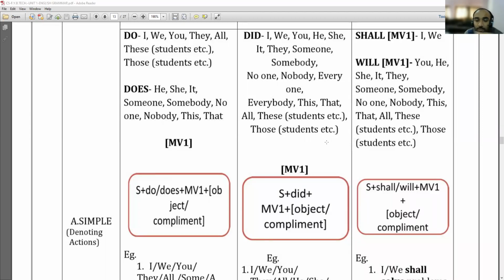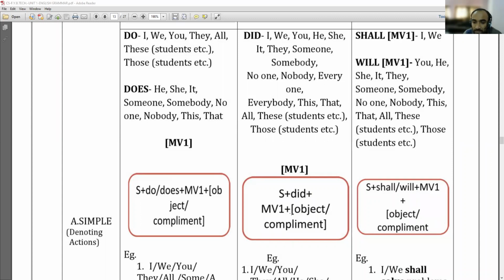actions in the past, or for denoting the actions in the past, the sentence structure is subject plus did plus mv1 plus object or complement.